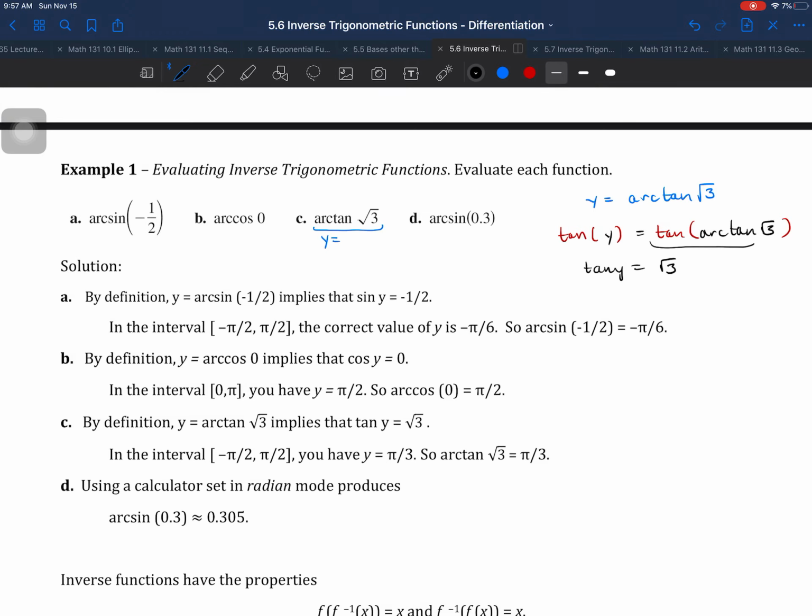The square root of 3, we have to relate this to the unit circle. Remember that tangent is supposed to be sine of y over cosine of y. Well, this can be manipulated so that we could divide this by 1, and we still have the same value. What about if we divide both top and bottom by 2?